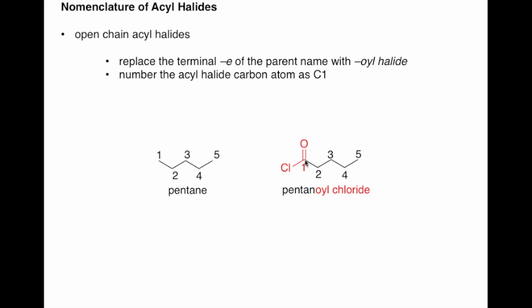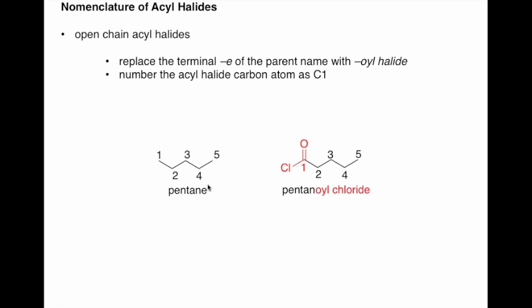To name acyl halides, we need to identify the longest carbon chain, which includes the carbonyl carbon of the acyl halide. In this case, the longest chain is a 5-carbon chain, with the acyl halide carbon being the first of those carbons of the chain. To name it, we think back to the alkane name for a 5-carbon chain, pentane.